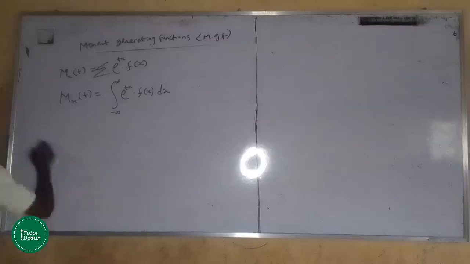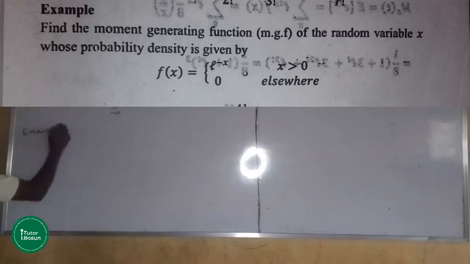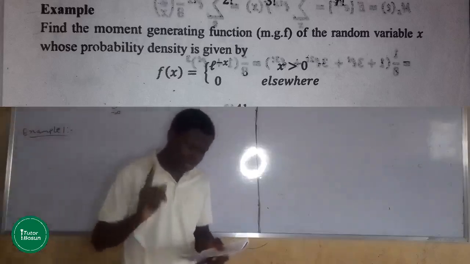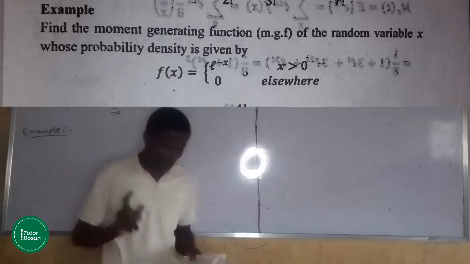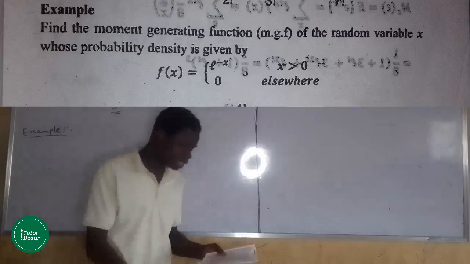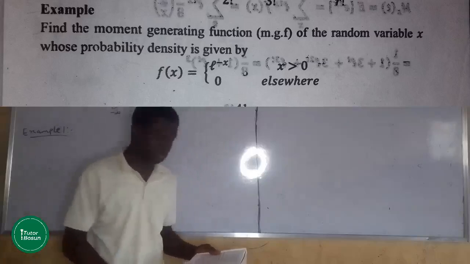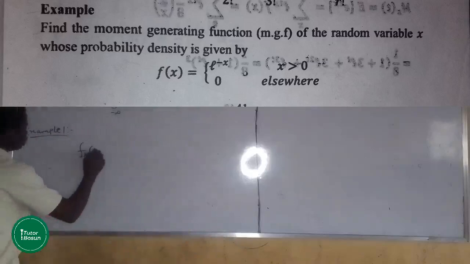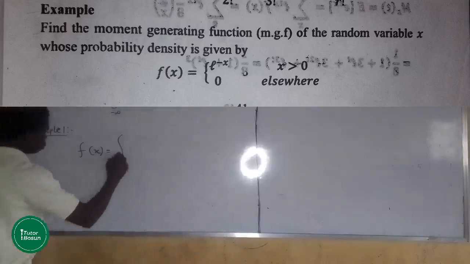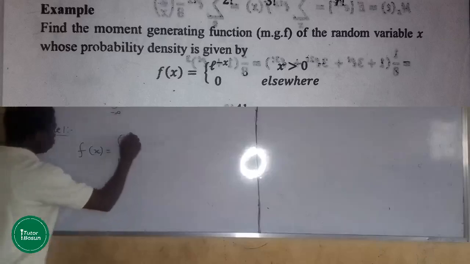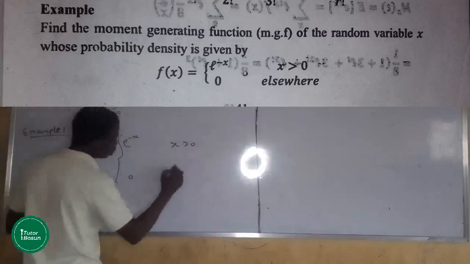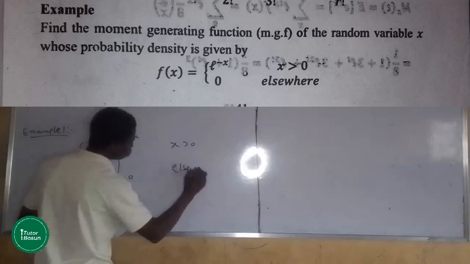Without wasting much of our time, let's move to an example. Example 1. Find the moment generating function, MGF, of the random variable x whose probability density is given by f of x equals exponential minus x for x greater than 0, and 0 elsewhere.